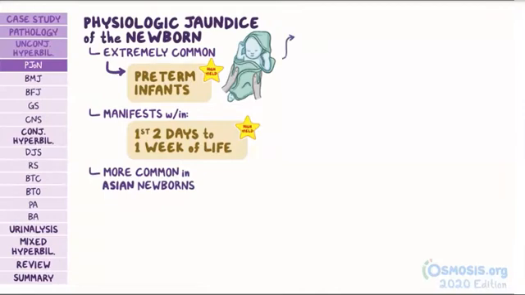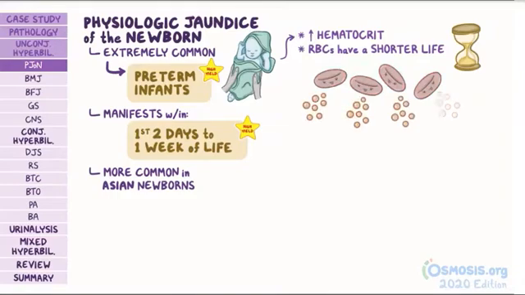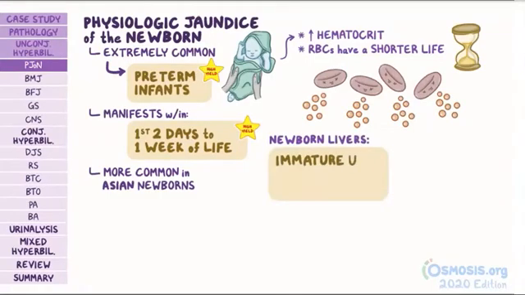At birth, newborns have a high hematocrit, but their red blood cells have a shorter life. As a result, when a large number of red blood cells turn over, a lot of unconjugated bilirubin gets released. To make this problem worse, newborn livers have immature UDP glucuronosyltransferase.